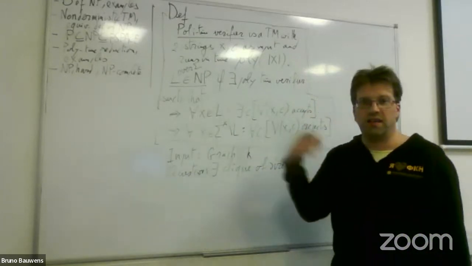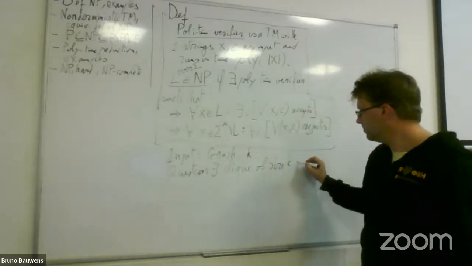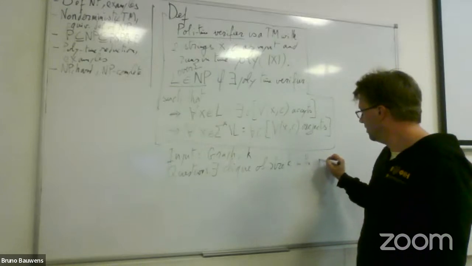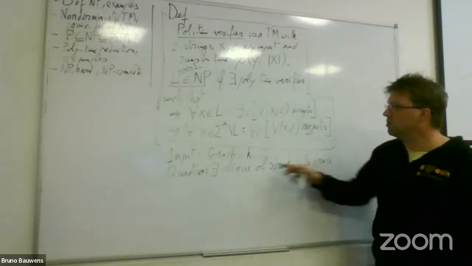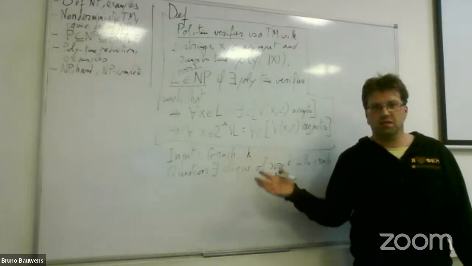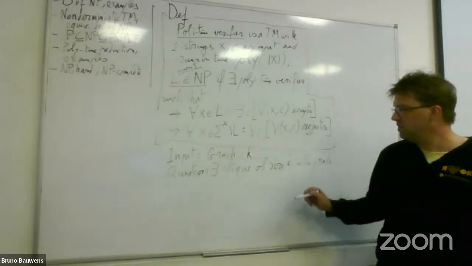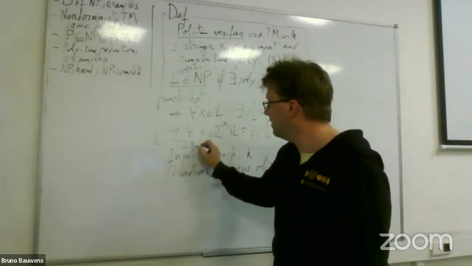So can we find k nodes such that every pair of nodes is connected? And so what will the verifier do? Can somebody say what might be a verifier for this problem? The clique problem is in NP.